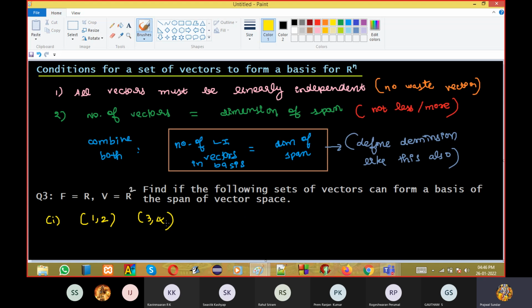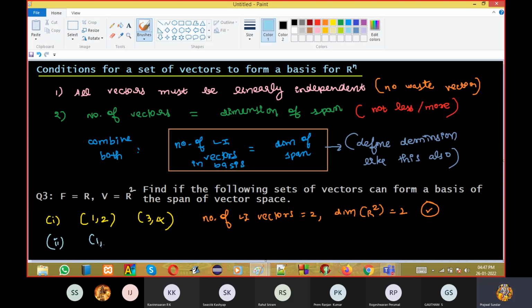Can they form bases? Yes. Very good. Why? Because the number of independent vectors is 2, and the dimension of R squared is 2, so they can form a basis. Correct. Very good. Next question.